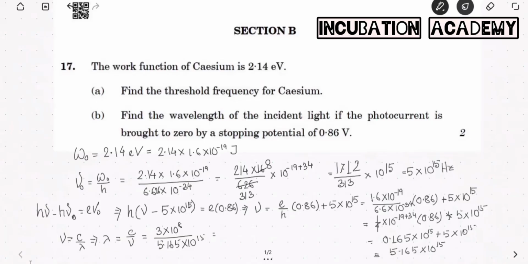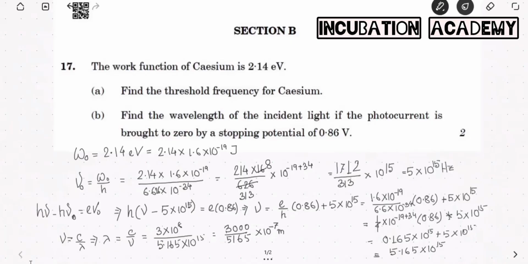If I calculate the order, it is 3 divided by 5.165 multiplied by 10 to the power minus 7 meter.